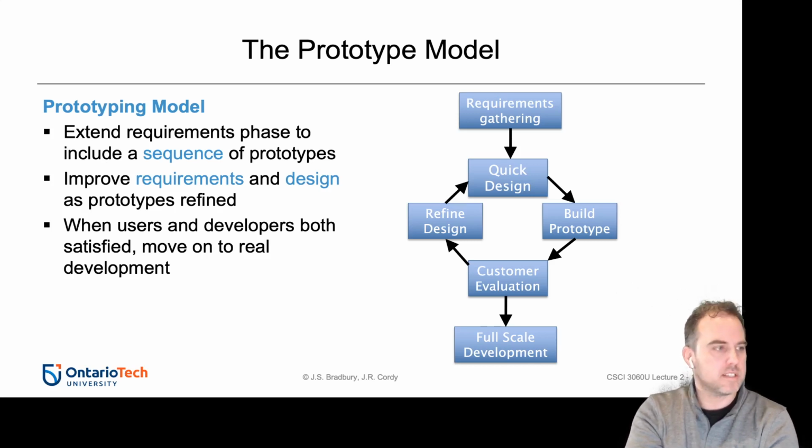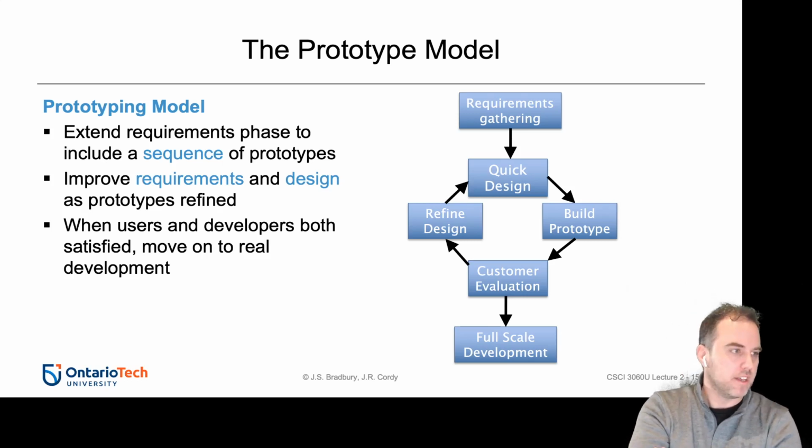And we can do this until the customer is satisfied that the requirements are correct. So this is actually a variation on our waterfall, where we're doing a little bit of prototyping at the beginning. So we're doing this sort of iterative refinement.